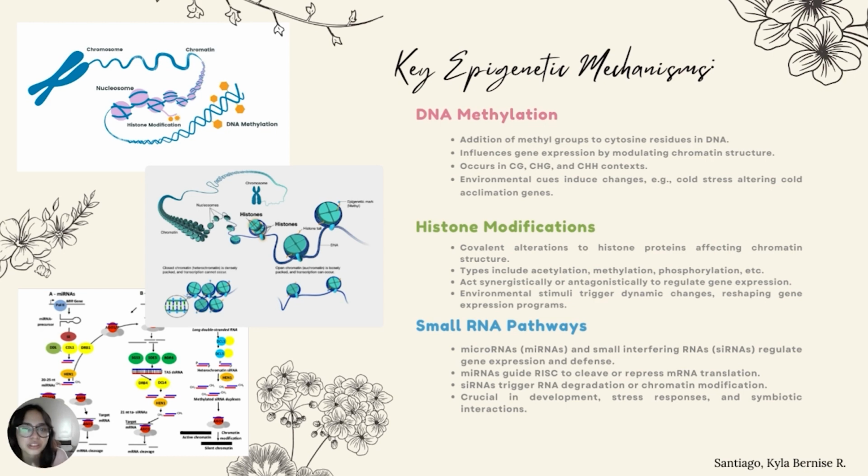MicroRNAs derived from endogenous hairpin precursors guide the RNA-induced silencing complex to target complementary mRNAs for cleavage or translational repression, thus fine-tuning gene expression levels. On the other hand, small interfering RNAs generated during RNA interference pathways trigger RNA degradation or chromatin modification at target loci, leading to gene silencing.